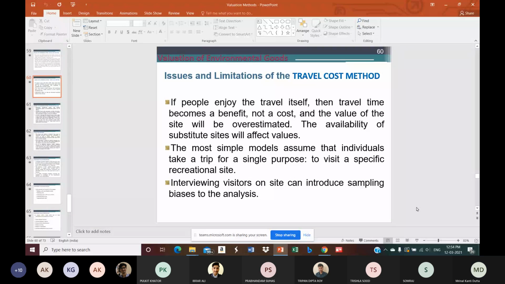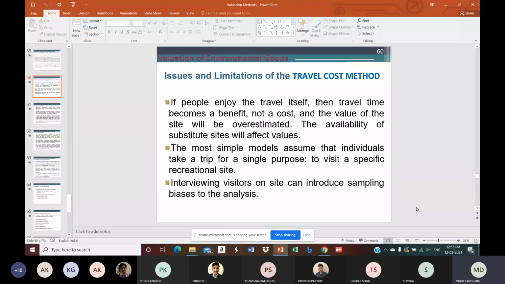So whether the travel cost that you have incurred for traveling to that place should be considered only for educational purpose or for recreational purpose also, or if you divide it between educational purpose and recreational purpose, what percentage of it will be for recreational purpose and what percentage of it will be for educational purpose? So that is another question. For a multi-purpose trip, it becomes a little bit difficult to actually segregate these two components.